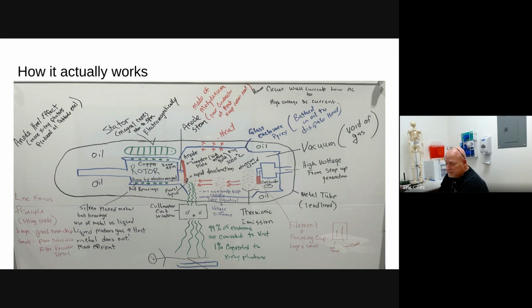What the anode is made of, how heat is dissipated in the X-ray tube, how electrons are formed off the tungsten filament, and the percentages of electrons that are converted to heat and X-ray photons. So anyway, pretty cool stuff. Next week, we'll go a little bit further. And I hope to see you there.